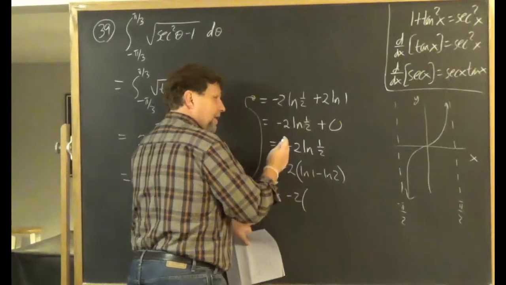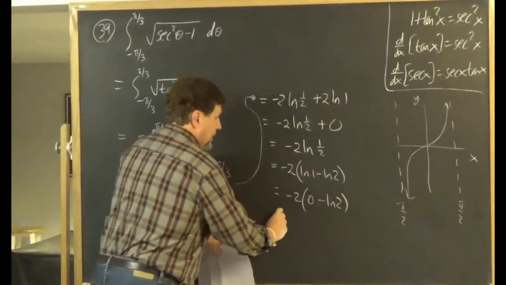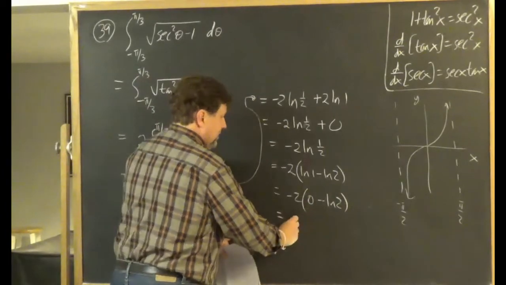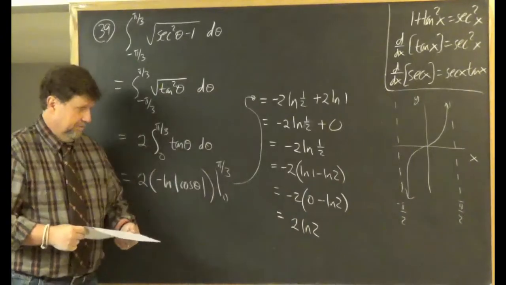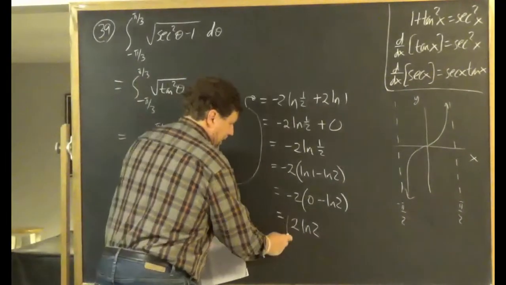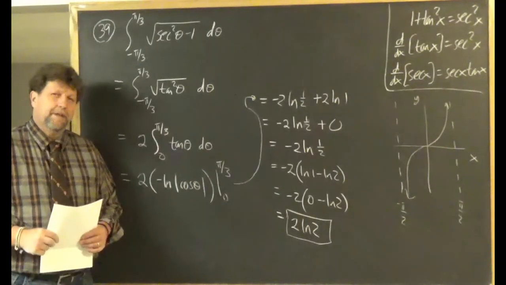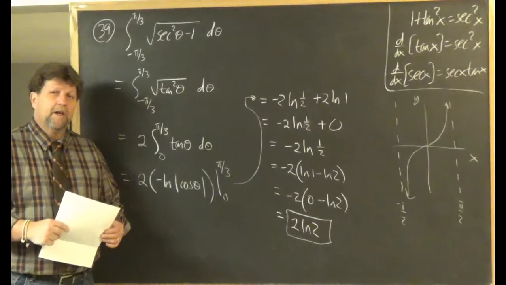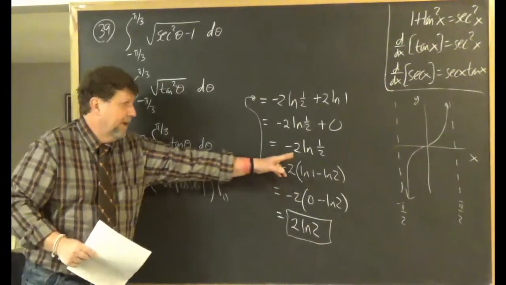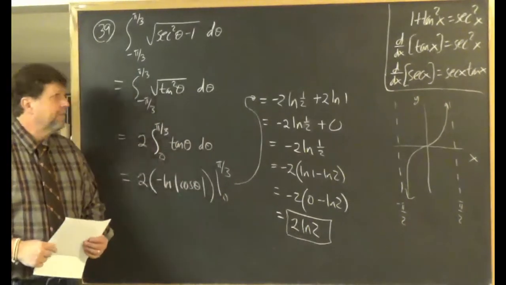Well, we know the natural log of 1 is 0. So this simplifies to just 2 natural log 2. I'm not going to go any further. Just wanted to do a little bit of simplifying. It was kind of fun. There are other ways to go from here to here. I just showed you one way.